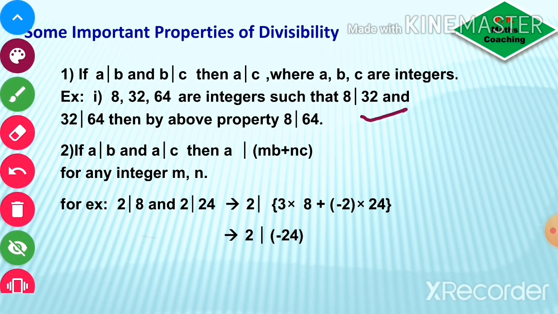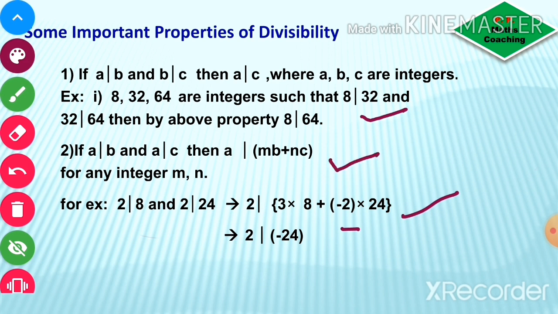We can give any integer values m, n. Here in this example we take m is equal to 3 and n is equal to minus 2, both are integer values. Okay, we can take any integer values to prove this property.